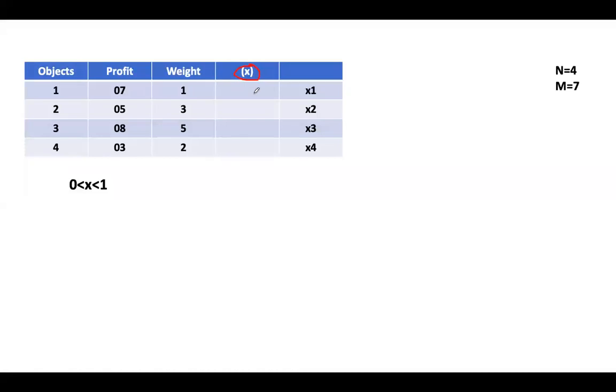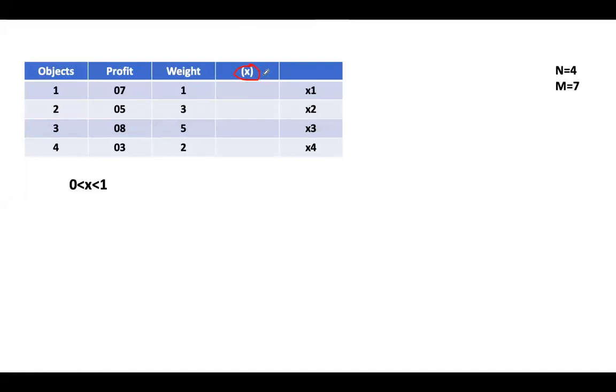So x indicates what quantity of this object, what part of this object you are considering. It will be in the range of 0 to 1. It can be 0, you can leave the object, or it can be the complete object, or it can be part of that object: 0.5, 0.3, 0.4. That fraction is also allowed. So this is called the fractional knapsack problem. Is it clear?